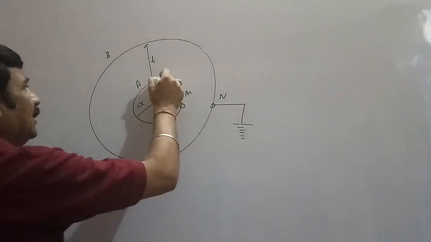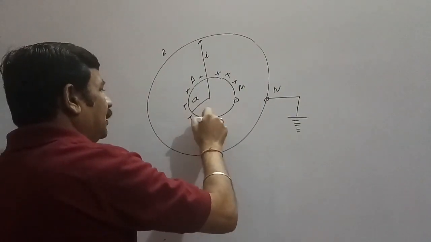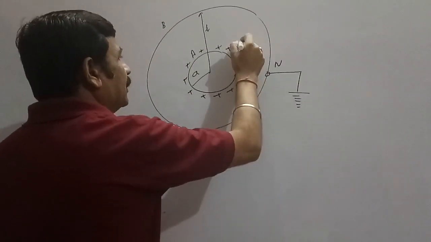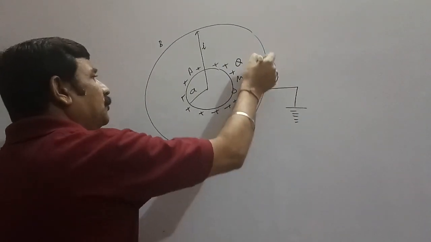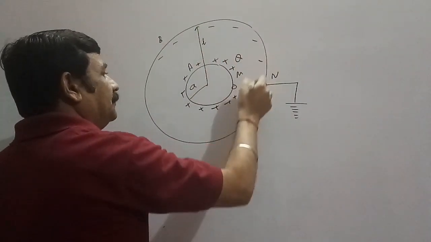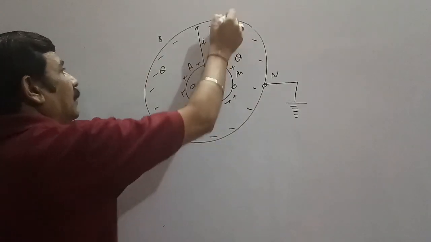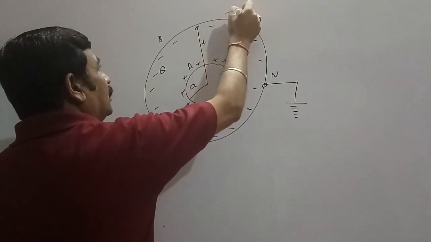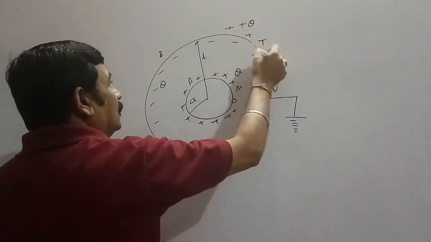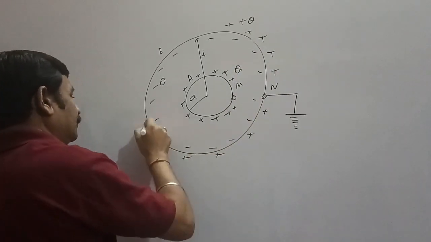Suppose the inner sphere is given plus Q charge. Then by induction this portion will have minus Q charge, and the outer portion will have plus Q charge, because the total induced charge always remains 0.